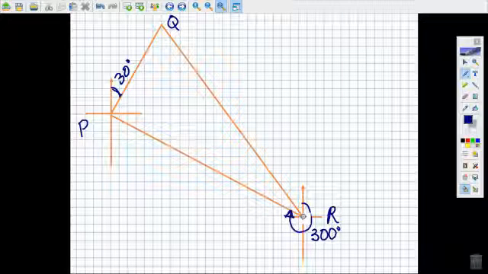So from here we can determine this angle.